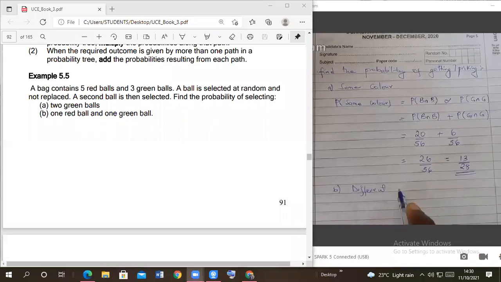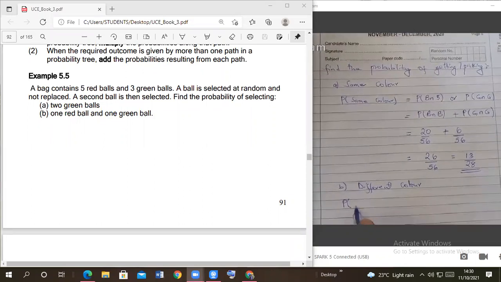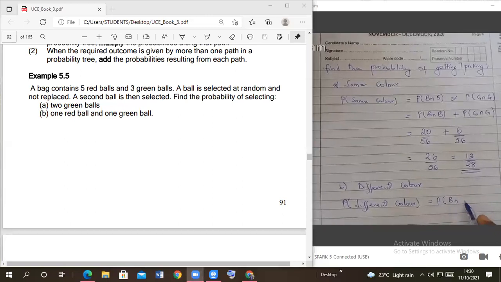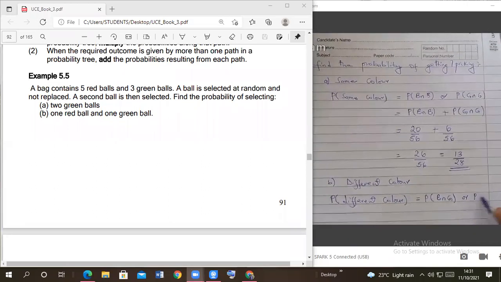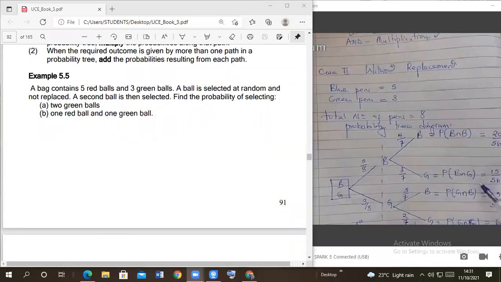B, different color. The probability of getting a different color will be equal to the probability of getting blue and green, or green and blue.